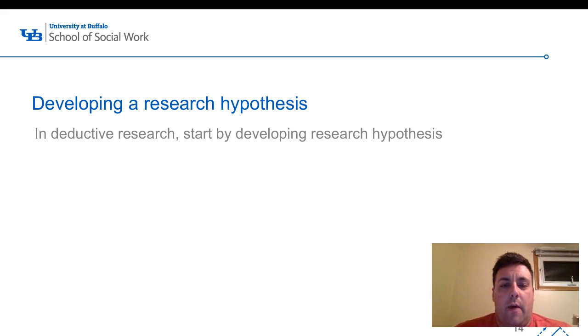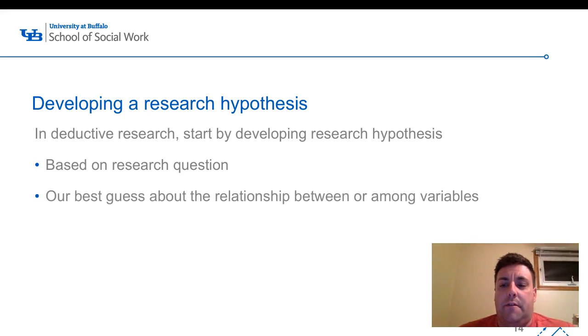Typically, there are no hypotheses in descriptive and exploratory research. Generally speaking, hypotheses are only found in explanatory work and in evaluative work. So we could think of an example hypothesis based on the example questions that I had listed a few slides ago.